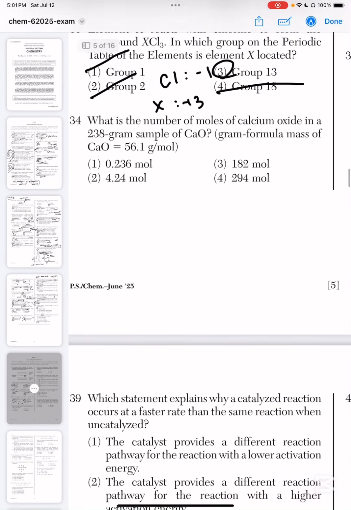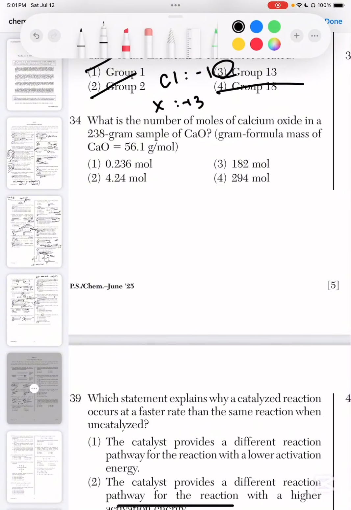What is the number of moles of calcium oxide in a 238 gram sample of CaO? I need my calculator for this. Okay, 238 grams over 1.